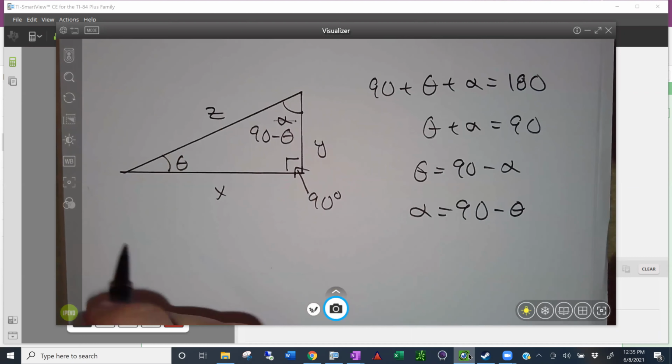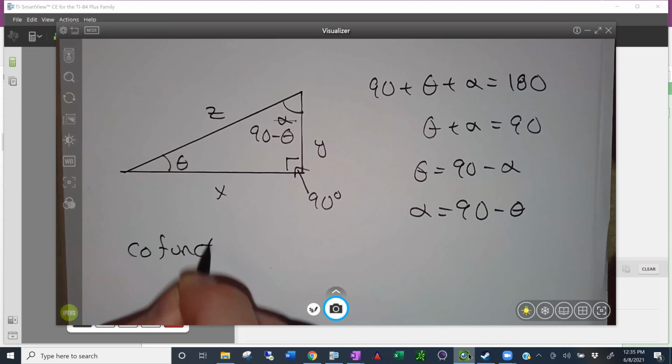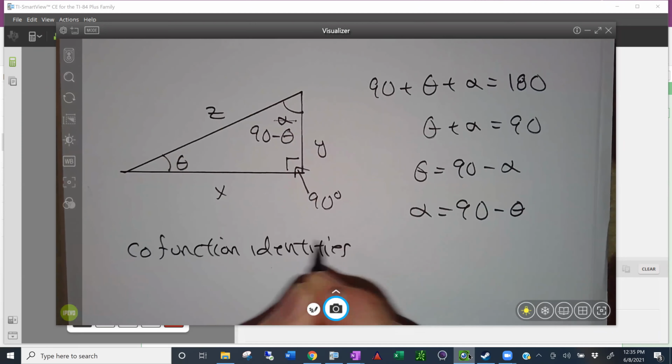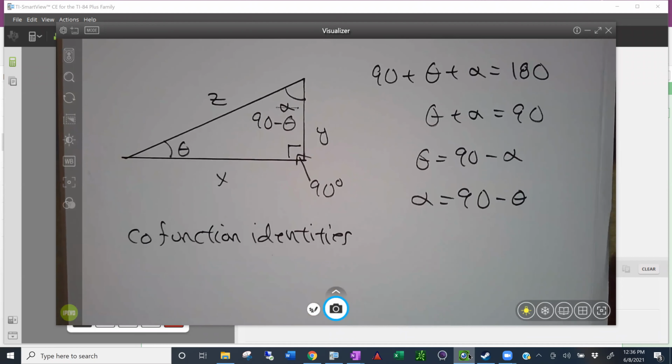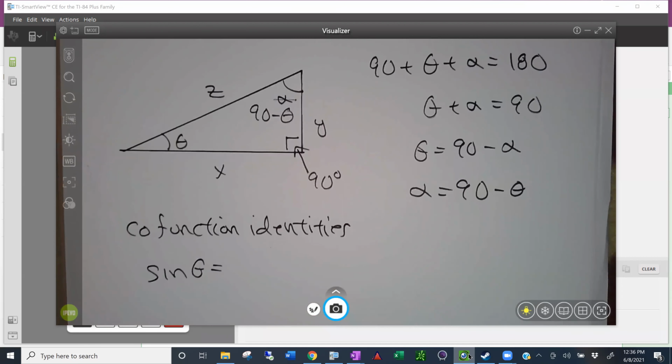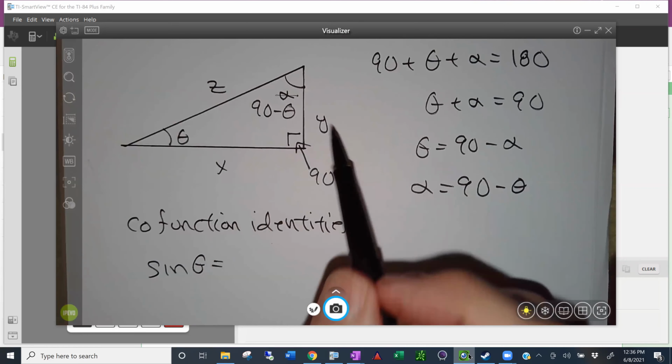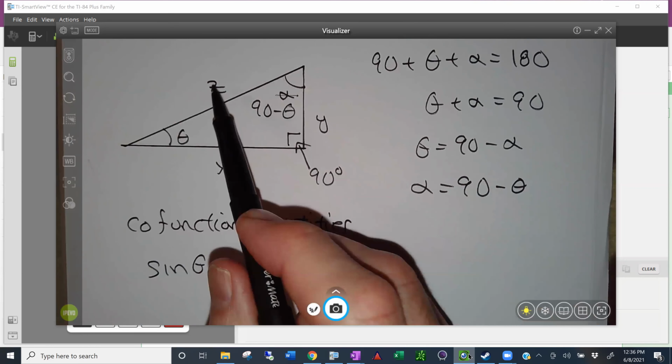Now, here's the fun thing. These are called cofunction identities. If I take a look at the sine of theta, it is going to be the y coordinate divided by the z coordinate, opposite over hypotenuse.